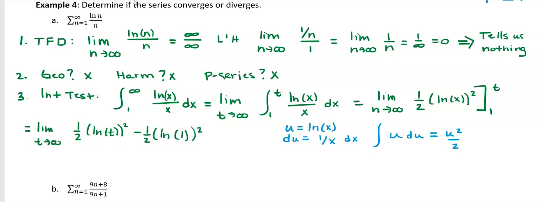Now, the ln of 1, of course, is 0, right? So this would all go to 0. And the ln of infinity would be infinity, and then infinity squared would be infinity, and infinity times 1/2 would still be infinity. So really, it's just infinity minus 0, which would just be infinity. So this is actually telling us that we diverge.